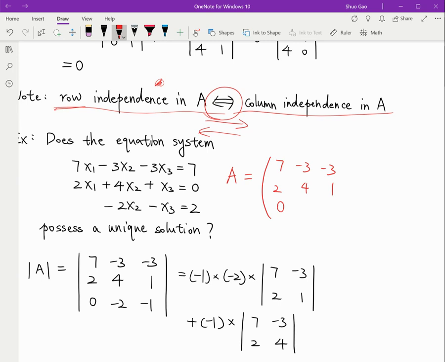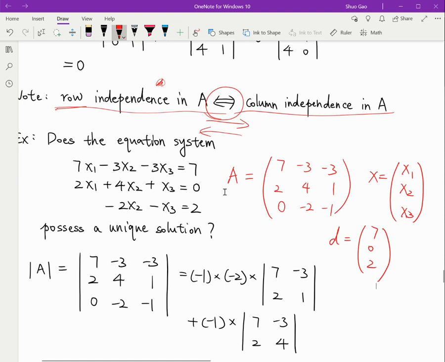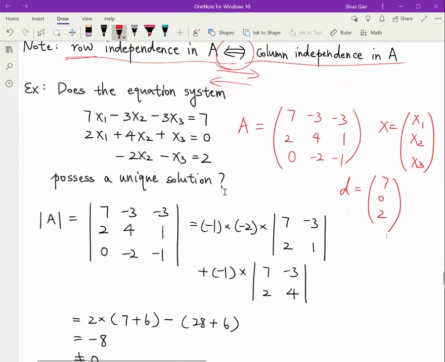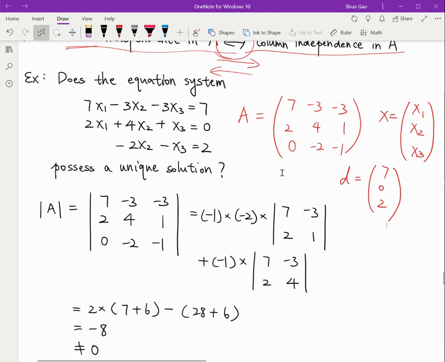Since there's no x1 here, that means that the coefficient of x1 is 0. And this minus 2, minus 1. And the X vector is just the three unknowns, x1, x2, and x3. And then D is just the constants, so it's 7, 0, and 2. Right? So the first thing is that you have to write down what A, X, and D are from the equation system.